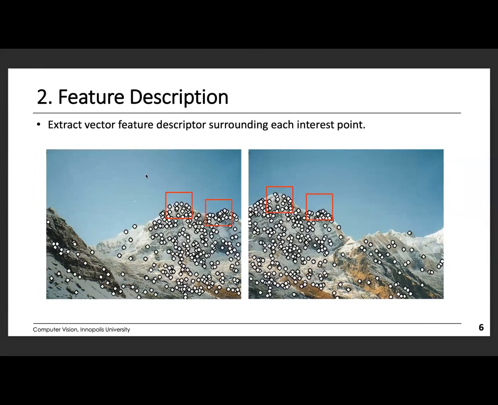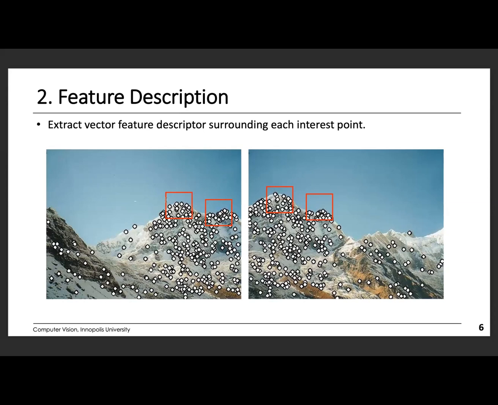So what we will be doing is we will extract the vector feature descriptor surrounding each interesting point. All of these are interesting points, and they will have a feature descriptor. The feature descriptor is there to verify, instead of having to use the exact pixel values for that neighborhood.